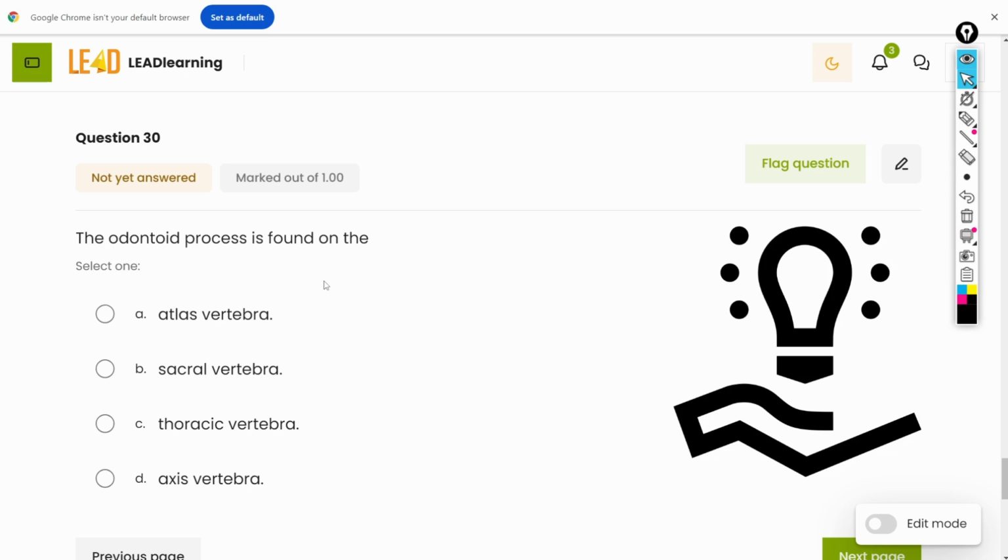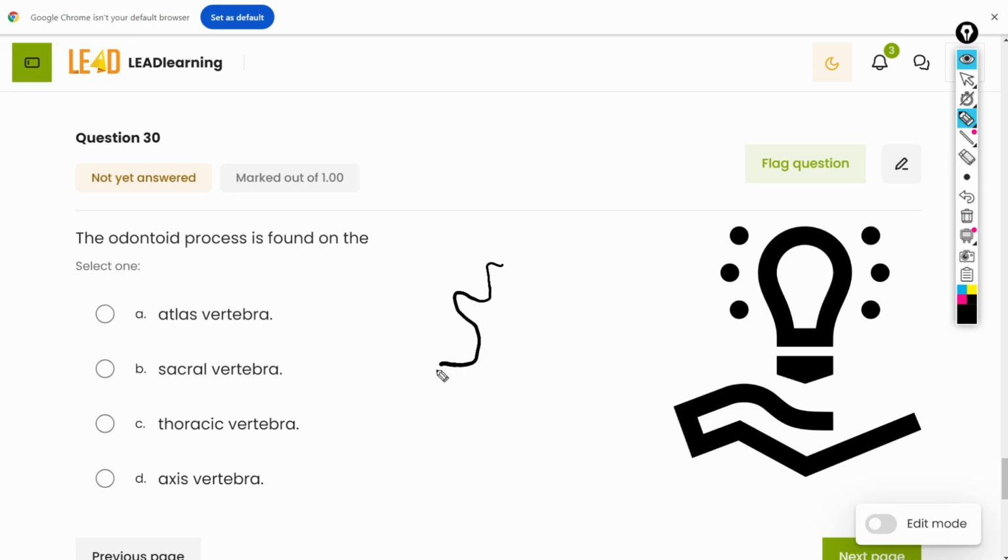Question 30. The odontoid process is found on the... Okay, now this is an interesting projection that is unique to only one type of vertebra.